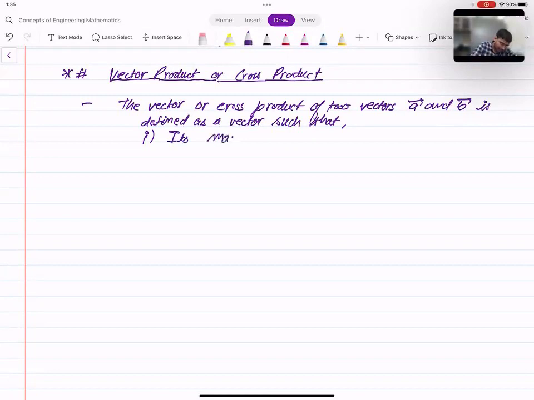Its magnitude is the magnitude of vector A into magnitude of vector B into the sine of the angle between them.